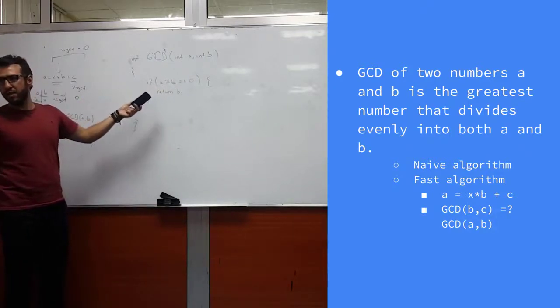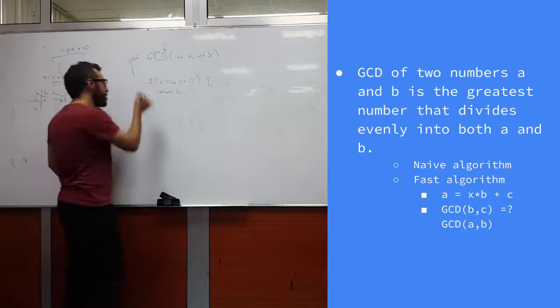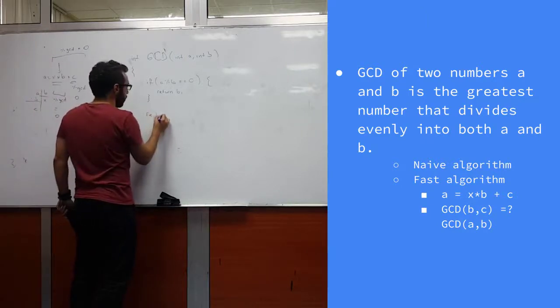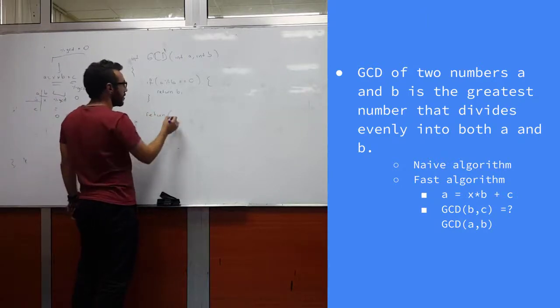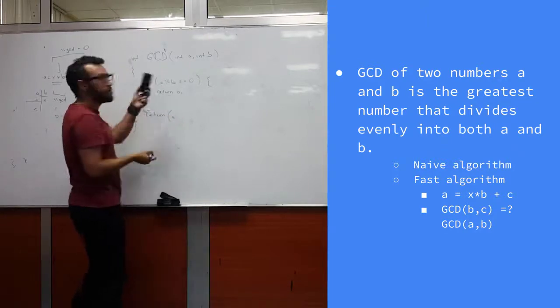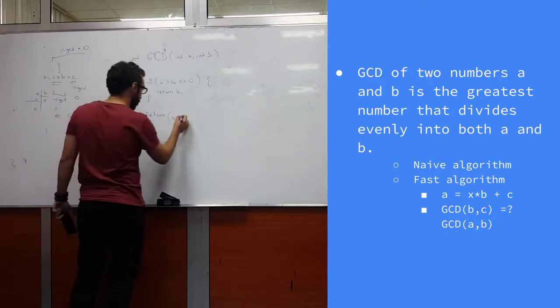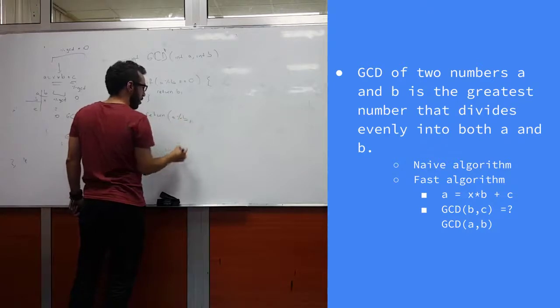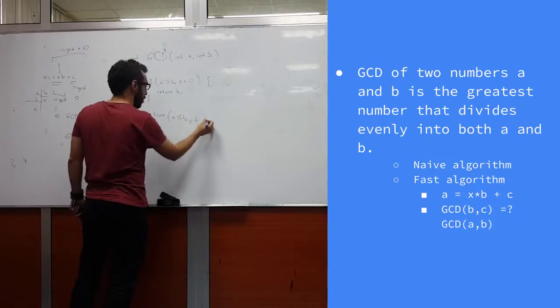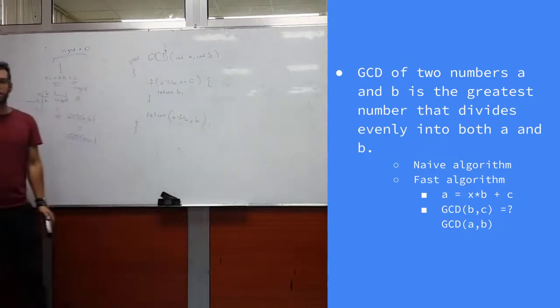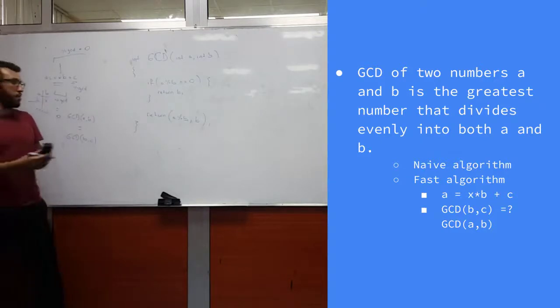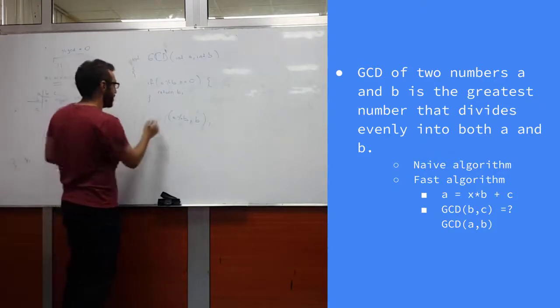So I think this check is safe in both cases. And if that is not the case, then what are we going to return? Basically, we are going to get the remainder, and we can get the remainder with the mod operation, right? Would this work? Obviously not. I need a function name.